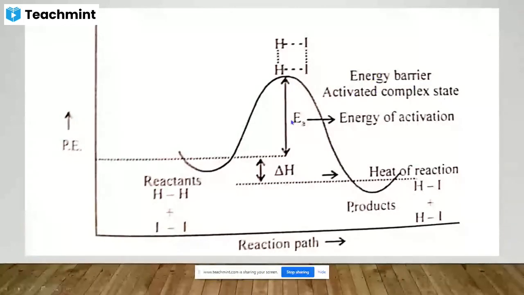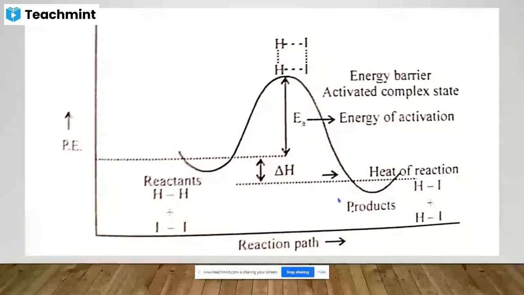The difference between the reactant molecules and the activated complex is Ea, the energy of activation, and this is delta H, the difference in energy between the reactants and the products, the total enthalpy change of the system.